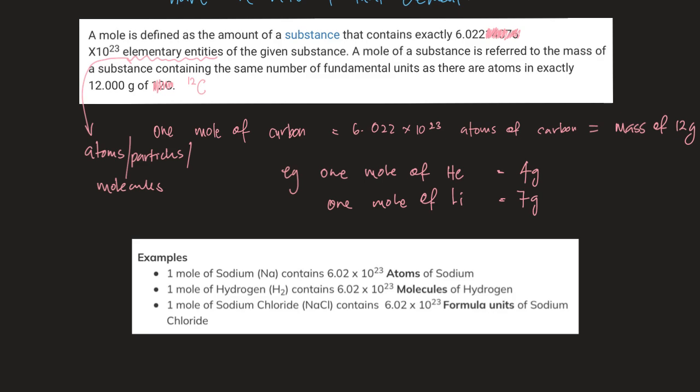Which means that, have a look at the words I'm using. If it's a single atom, atoms. If it's 2, it's a molecule of hydrogen. And then there's formula units. That doesn't mean that when I'm looking at these situations, especially if I'm looking at a compound, in a compound, we add up the relative atomic masses.